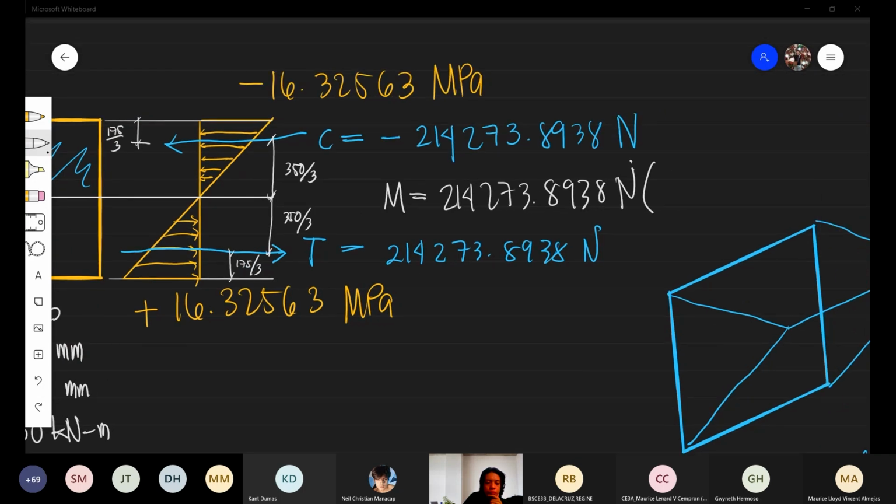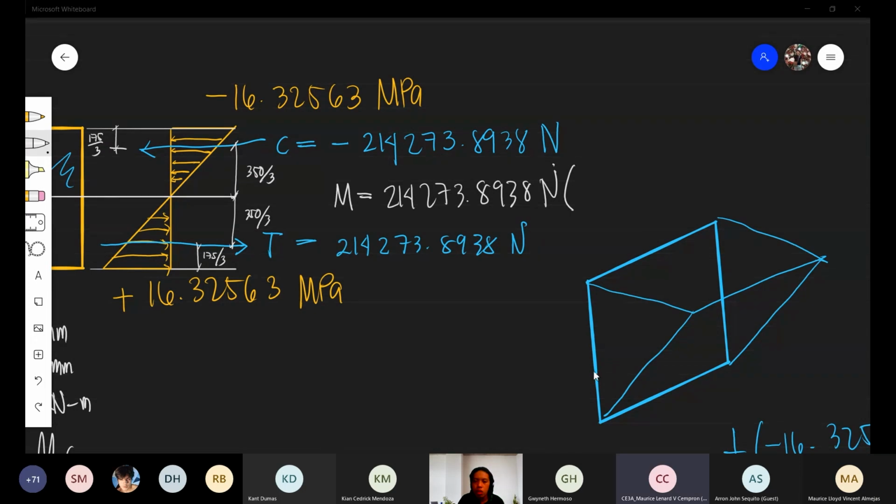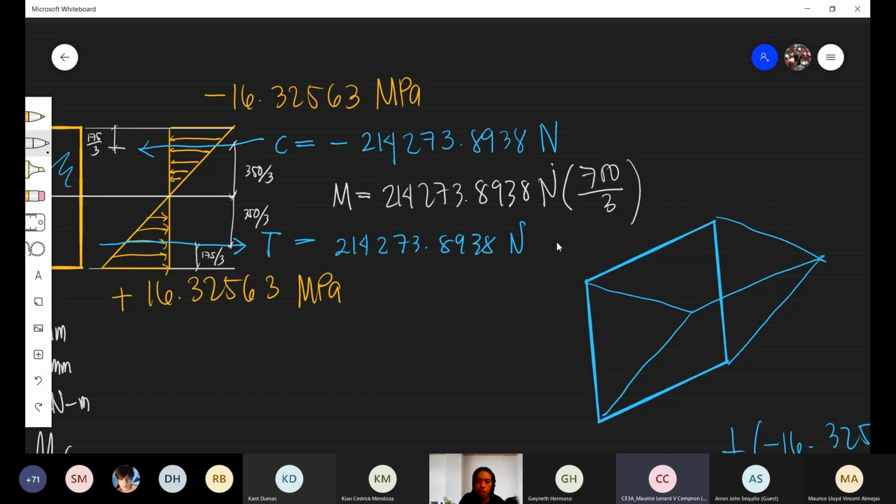That is 350 times 2/3, which is 700 over 3. So 350 over 3 plus 350 over 3 is 700 over 3.